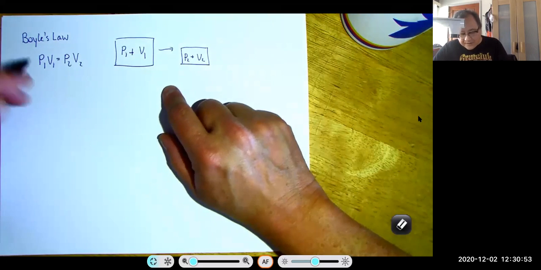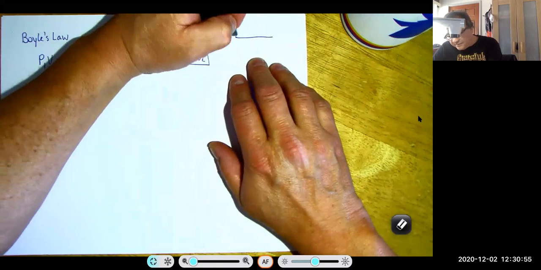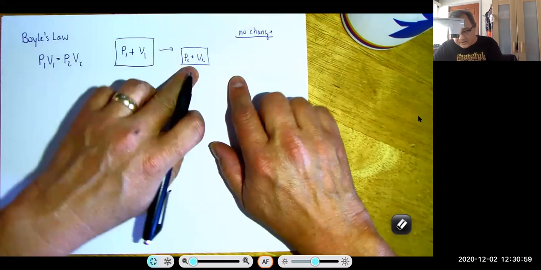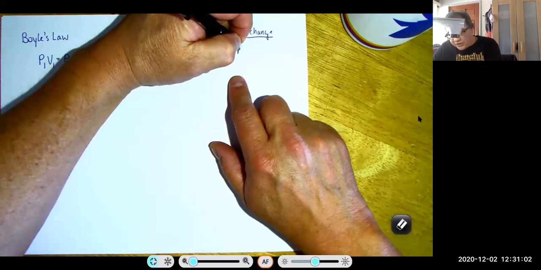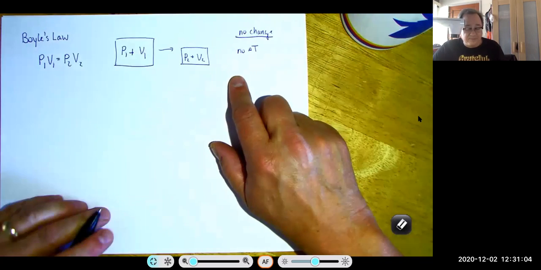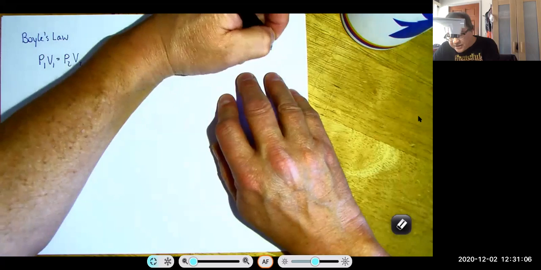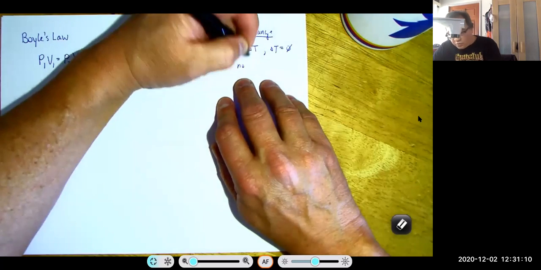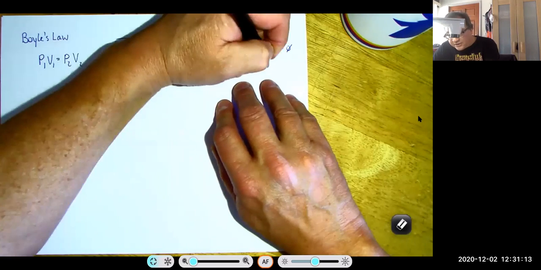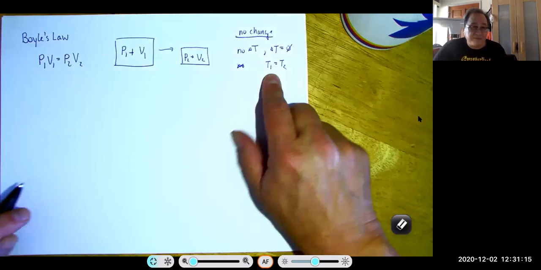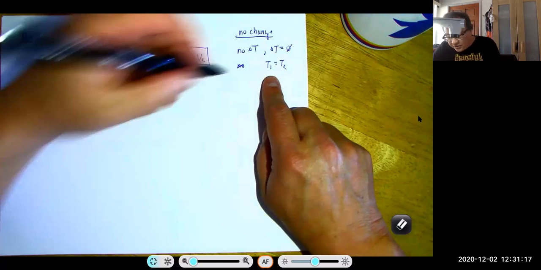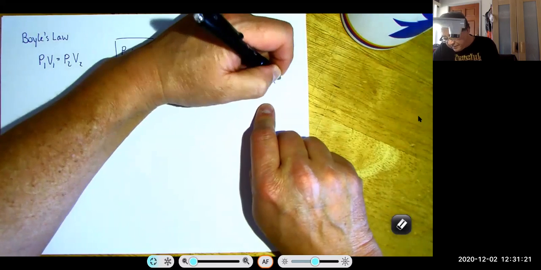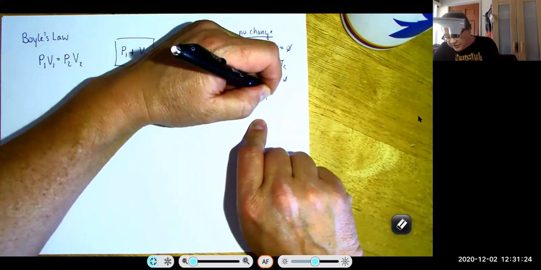Now, what's happening with the temperature when we put it from one box into the other? There's no change in temp, which means that the change in temp is equal to 0, or we could also say T1 is equal to T2. And there's no change in moles, which means N1 is equal to N2.